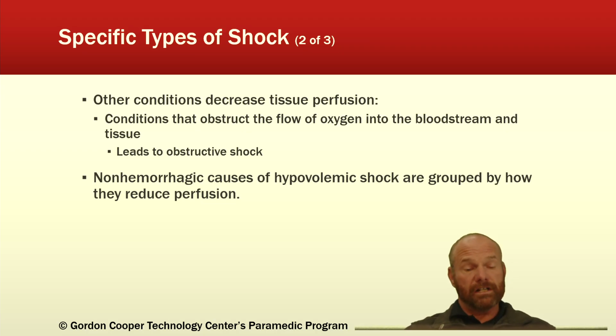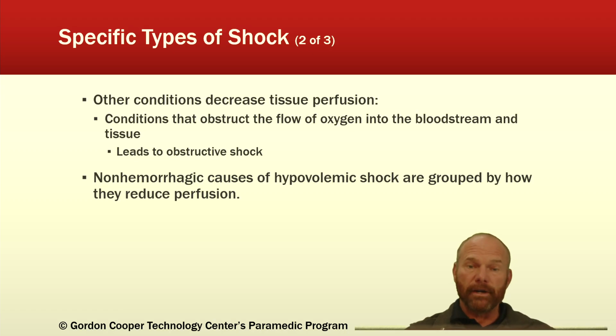So obstructive shock, here's where I was saying it. These conditions, these injuries, lead to obstructive shock. Conditions that obstruct the flow of oxygen into the bloodstream can lead to obstructive shock. Some examples might be a tension pneumothorax. You remember that's air trapped in the pleural space that increases pressure and collapses the lung.